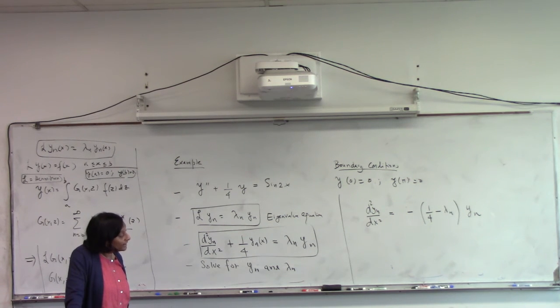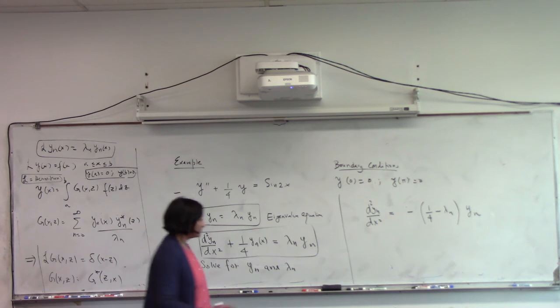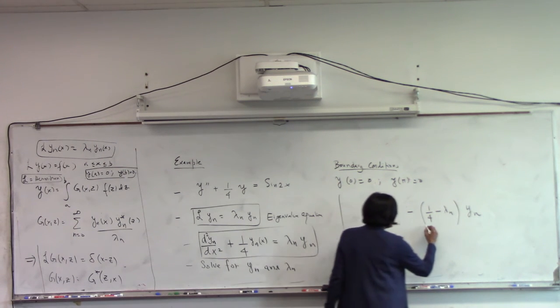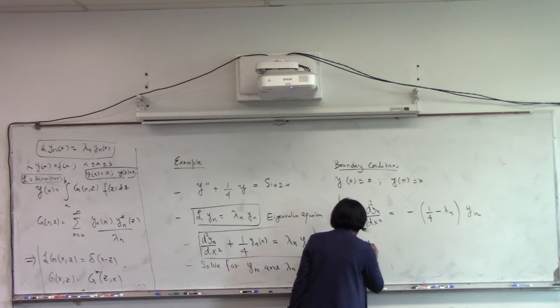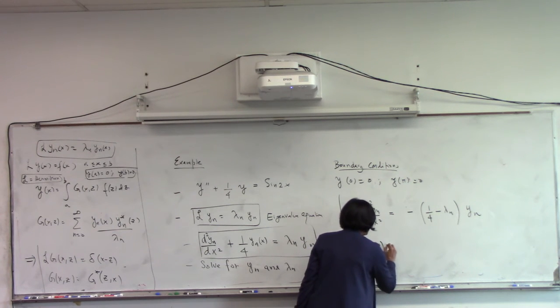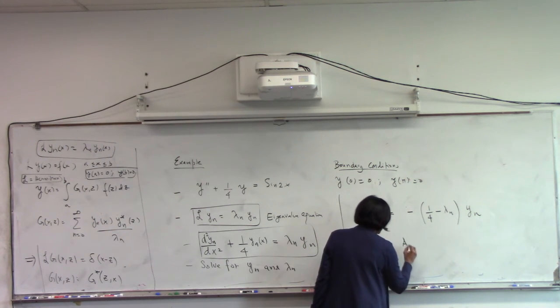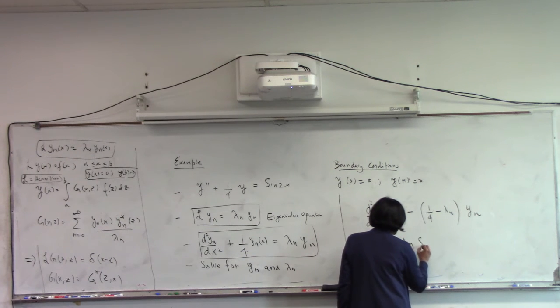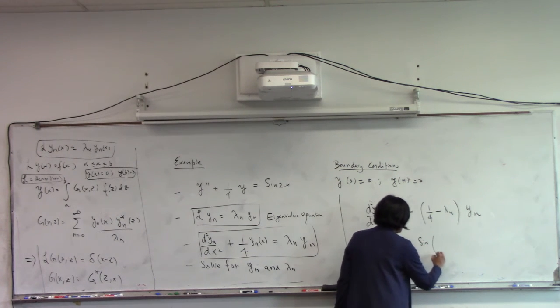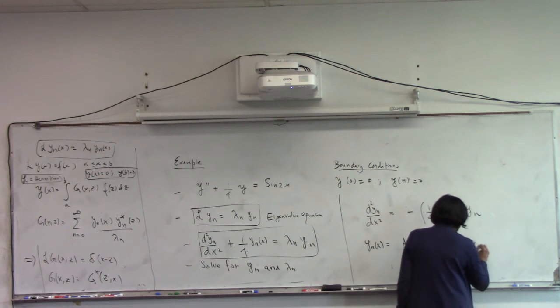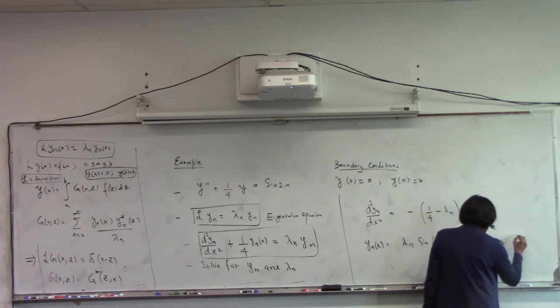You have to recognize that quantity within parentheses as omega squared, not omega, because that's what you have in the harmonic oscillator. So if you have it like this, then the solution y n of x is A n sine of something plus B n cosine of something.